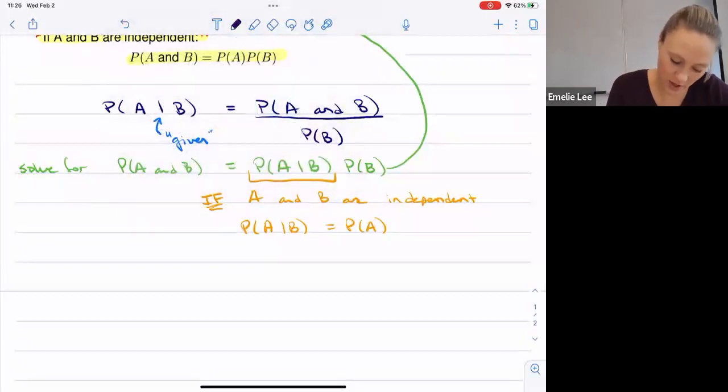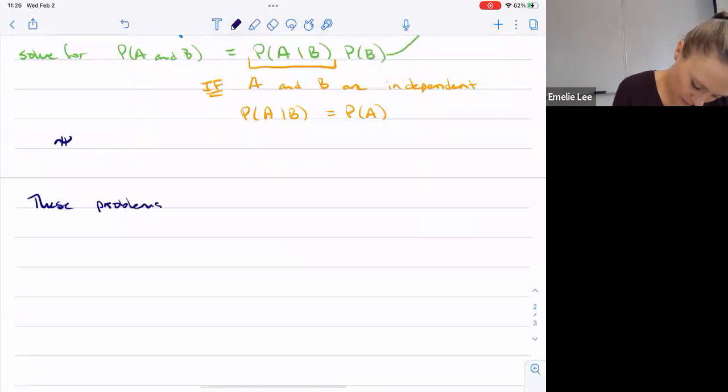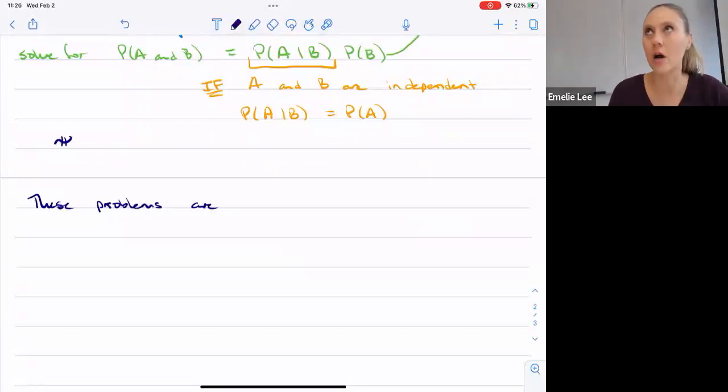I guess I went beyond review here, but let's just call that the end of our review. So these problems are often set up as two consecutive events. We could do more than two, but we're going to focus on two. We're never going to go beyond two.